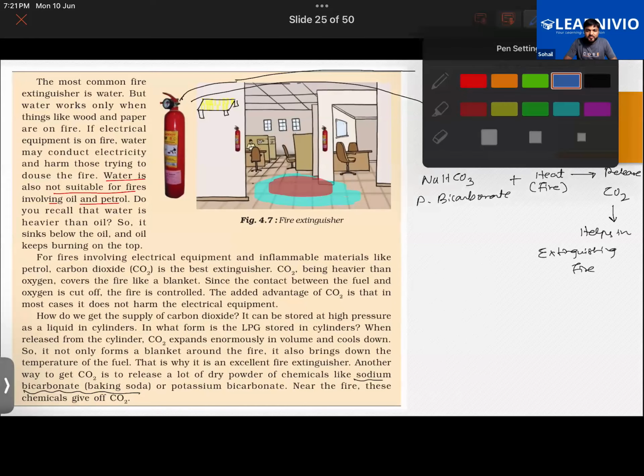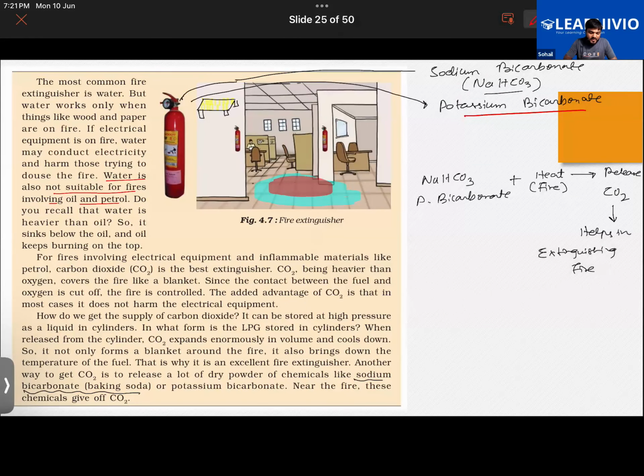In one, liquid carbon dioxide is filled, but in some cases it releases sodium bicarbonate and potassium bicarbonate on the fire. When sodium bicarbonate and potassium bicarbonate come in contact with fire, they release carbon dioxide. So they work in that manner also. Keep that in mind.